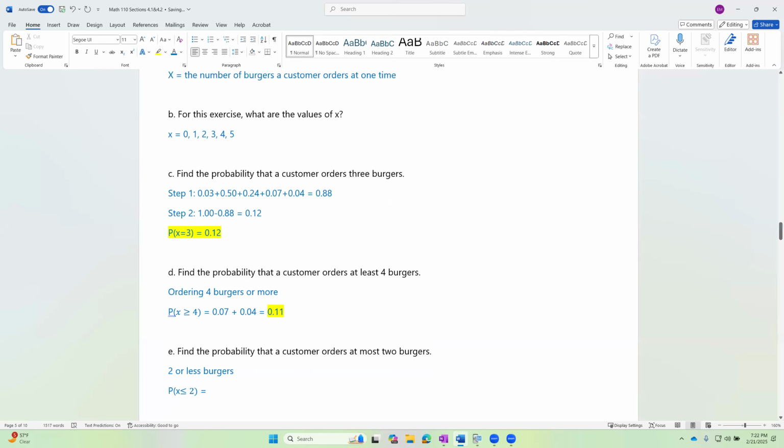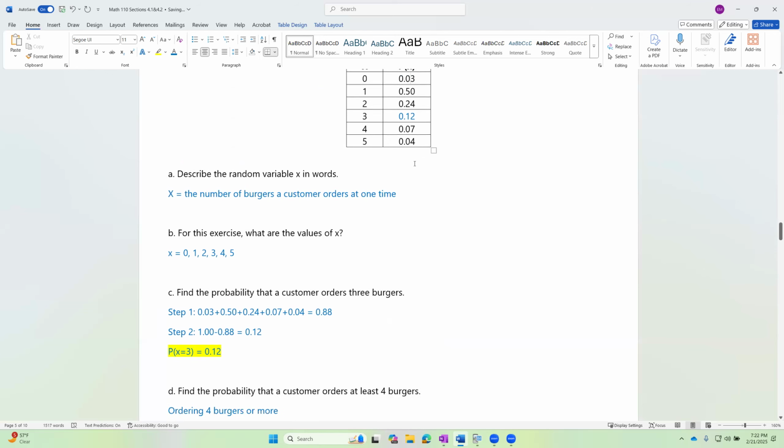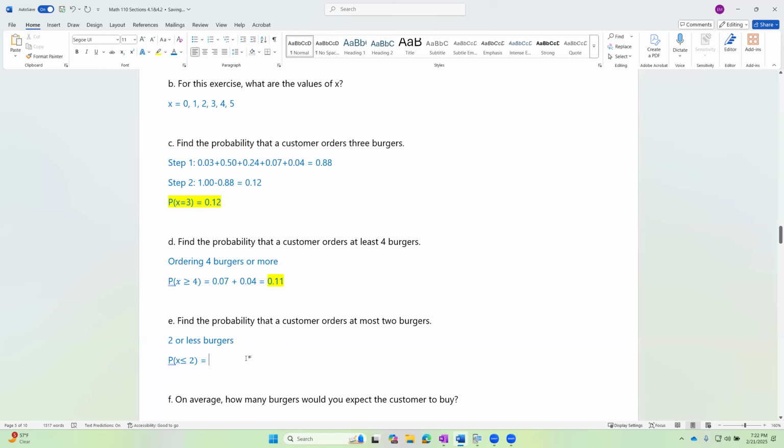What would that equal? Everything 2 or lower, so 0.03, 0.50, and 0.24. Let's add those up. 0.03 plus 0.50 plus 0.24 comes out to 0.77. So that's my answer for at most two burgers.